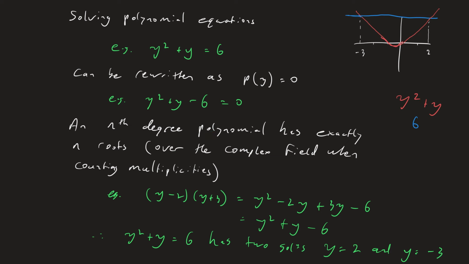So this tells us that because my polynomial has degree 2, there should be exactly two solutions, and here they are. Now, technically, you might say, well, x squared equals -1 has got no solutions, so that's why mathematicians, when applying this result, are working over what's known as the complex field. And so the two solutions there are going to be plus and minus the square root of -1, which is an imaginary number.